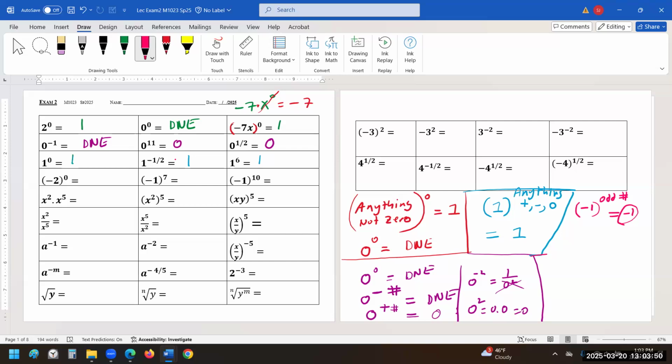Okay. And now comes the even. Even has 2 choices. Either you have negative 1 to the even whole number, or you have negative 1 to the even fraction.